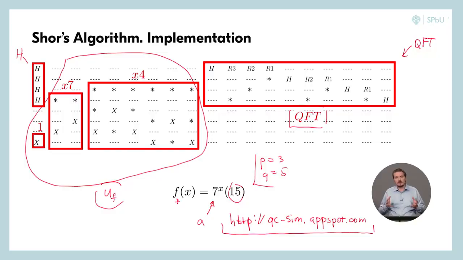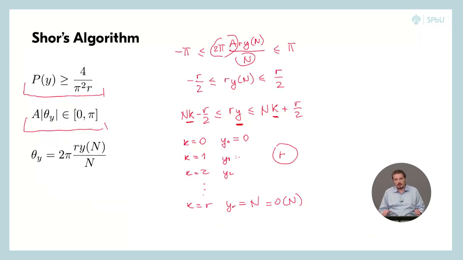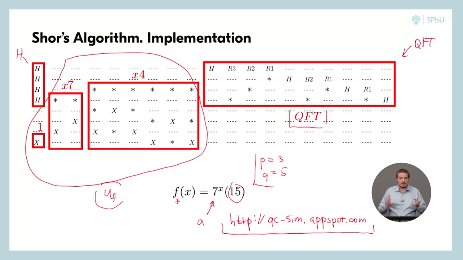Well, to conclude, imagine we have this big composite number, the product of two big primes, and we want to factor it. So we choose some random number a, we define this function fa, and we search for its period. We employ Shor's algorithm, and we get some y which with probability almost 1/2 is a good y. So we search for this k divided by r in a short proximity of this value.